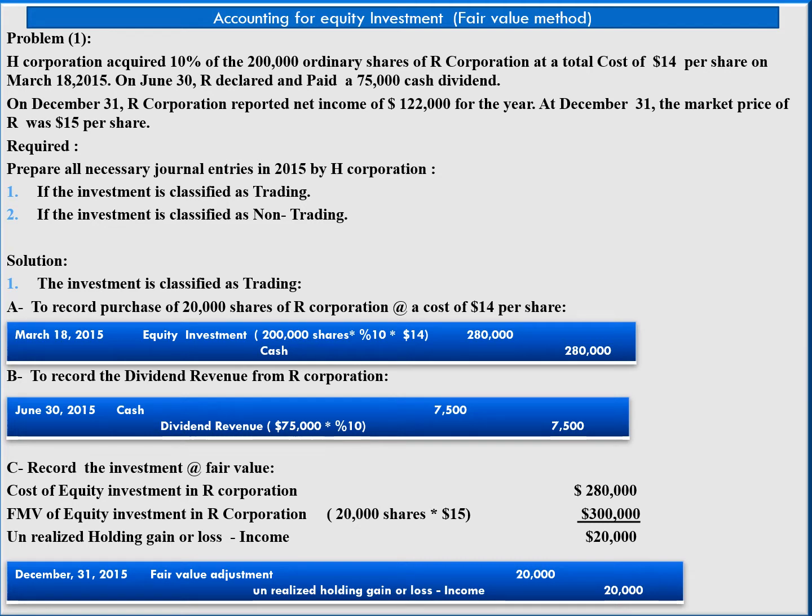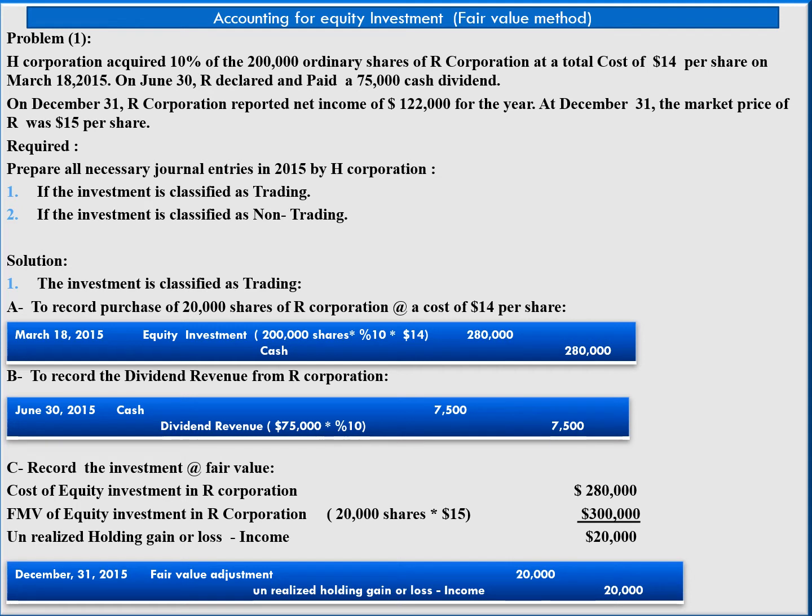The cost of the equity investment in R Corporation is $280,000. For the fair market value, the problem says at December 31 the market price of R was $15 per share. So the fair market value of the equity investment in R Corporation is 20,000 shares times $15 per share, which equals $300,000.